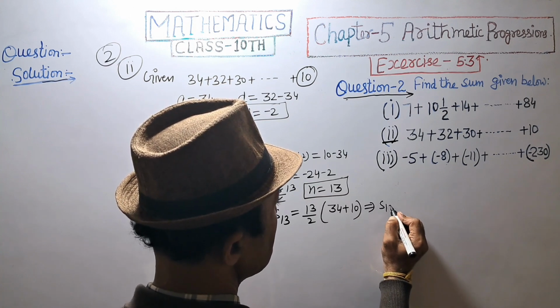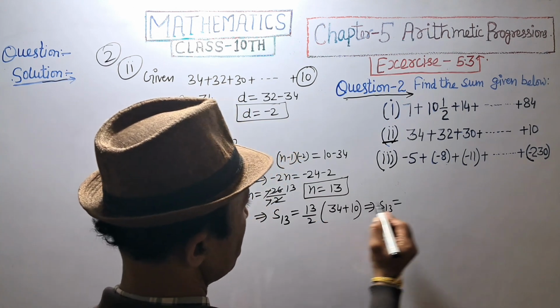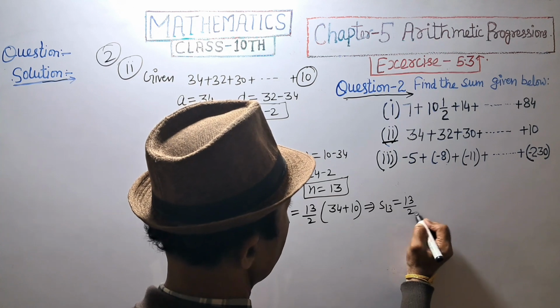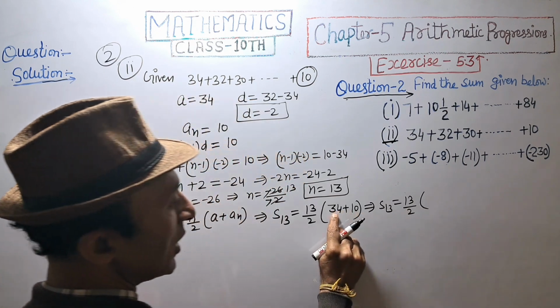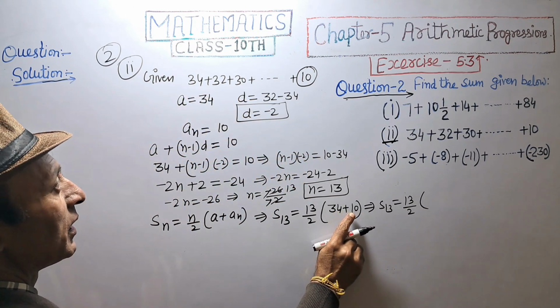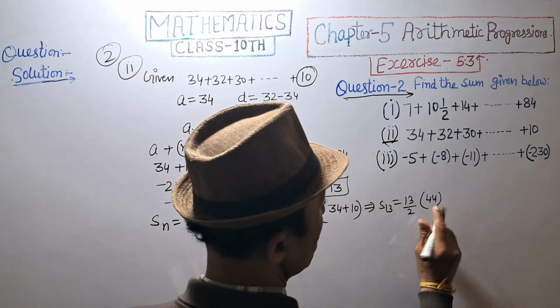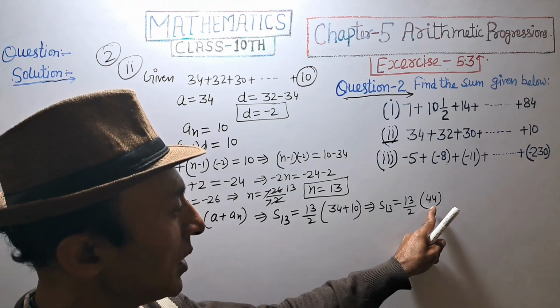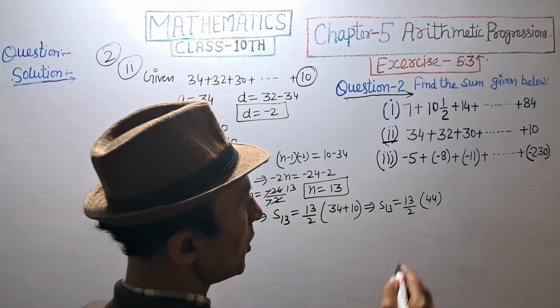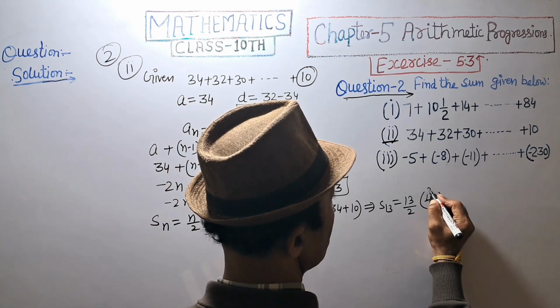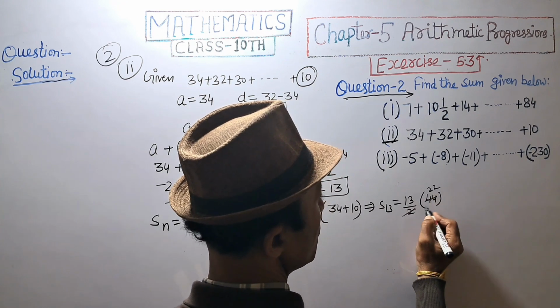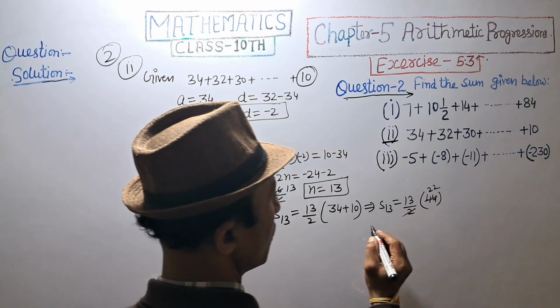This implies S13 is equal to 13 divided by 2 into 34 plus 10, that is 44, and 44 is divisible by 2. 44 divides to 22 times. 22 2s are 44.